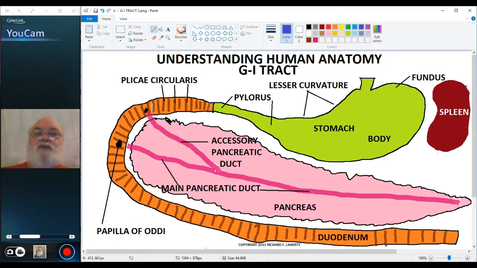Next, I want to sketch in the transverse colon. And I'll start with the right colic flexure.